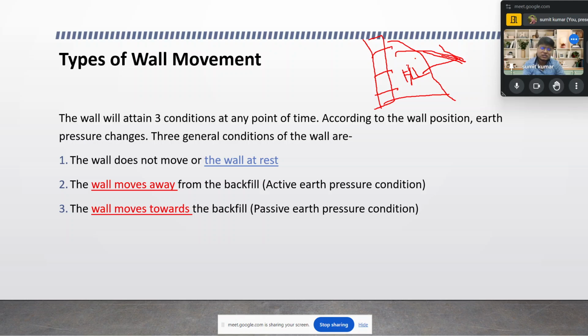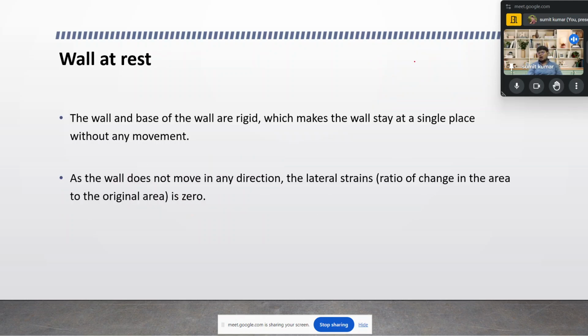Okay. Now you see how the three conditions work in real life situations. The first is the wall at rest. In this condition, the wall and base of the wall are rigid, which makes the wall stay at a single place without any movement. As it has been discussed many times in today's class, they are static and stand at the place where they should be.